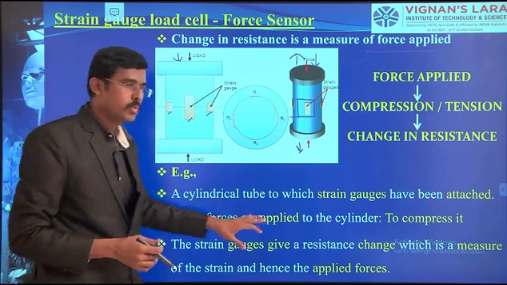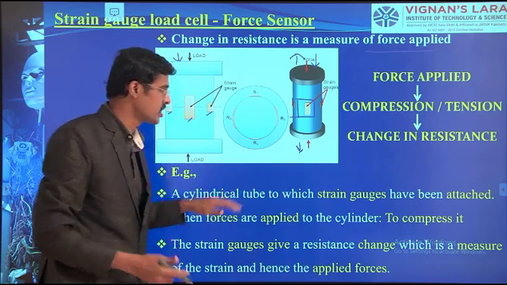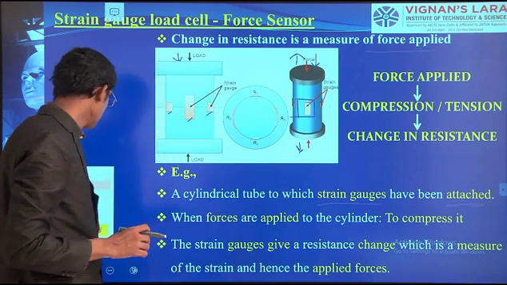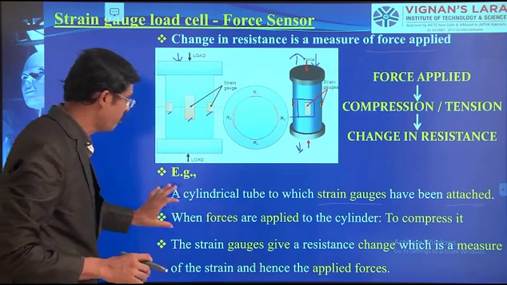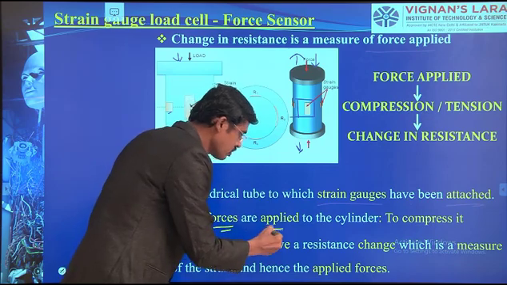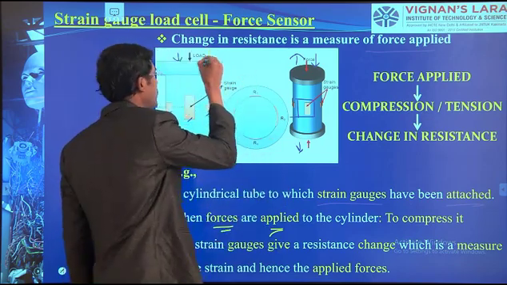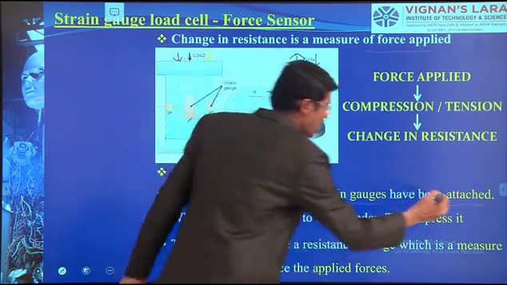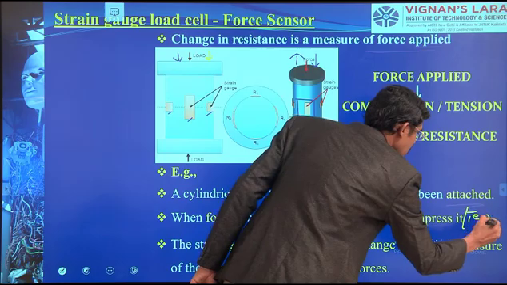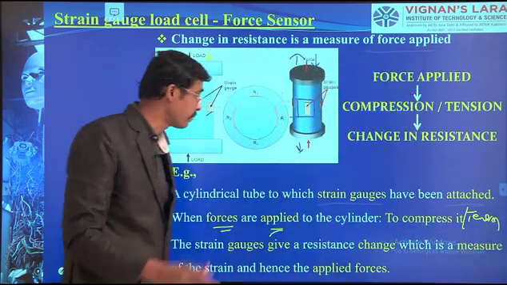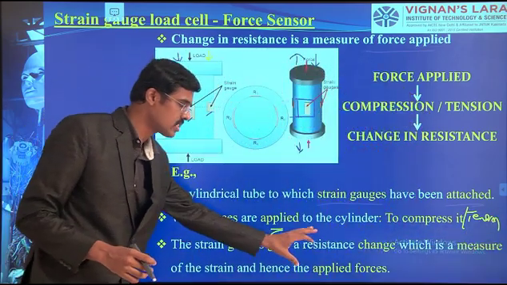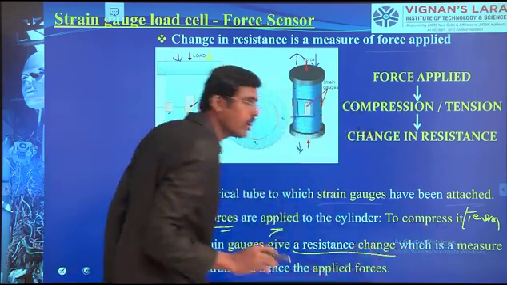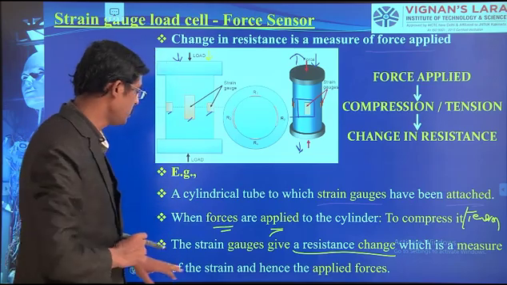A cylindrical tube, as I told you, to which strain gauges have been attached. What happens when a force is applied? When a force is applied to the cylinder to compress it, or otherwise a tension force is applied, the strain gauge gives a resistance change, which is the measure of the strain.